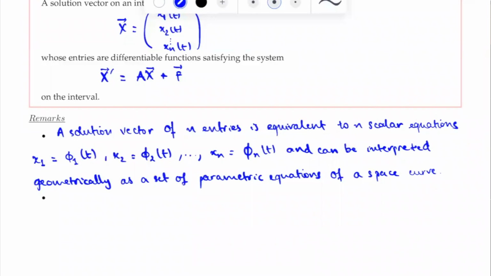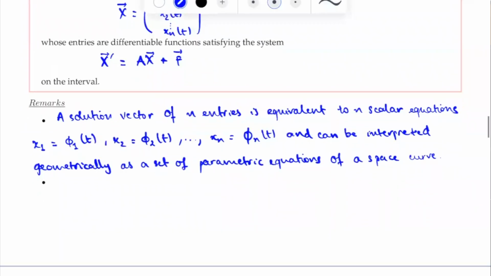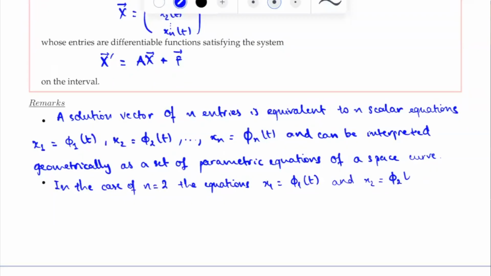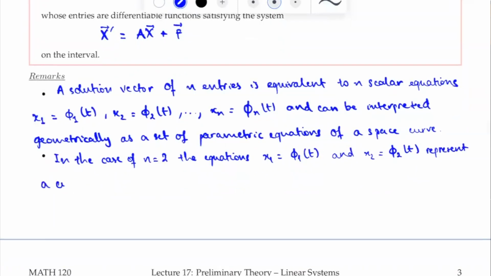So the second remark is related to the case when you have two solutions in the system of two linear first order differential equations. So in the case of n equal to 2, the equations x1 equal to phi 1 of t and x2 equal to phi 2 of t represent a curve in the x1 x2 plane.